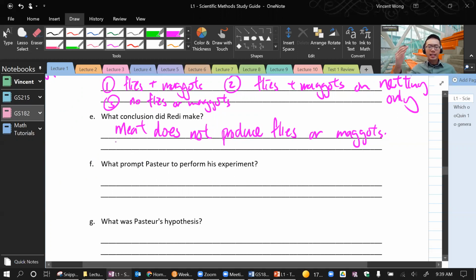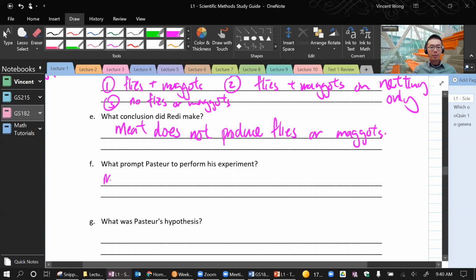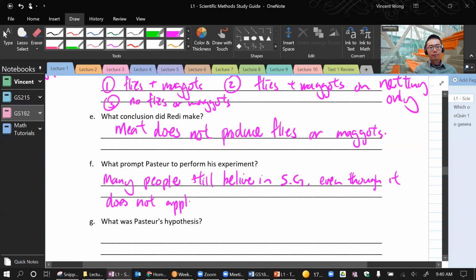After Redi did the maggot fly experiment, not everybody accepted his findings. Many people, I assume in the scientific community or people in general, still believed in spontaneous generation, even though it does not apply to larger organisms.